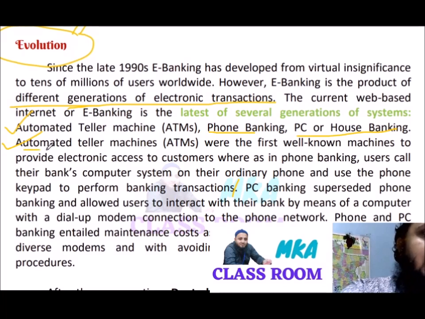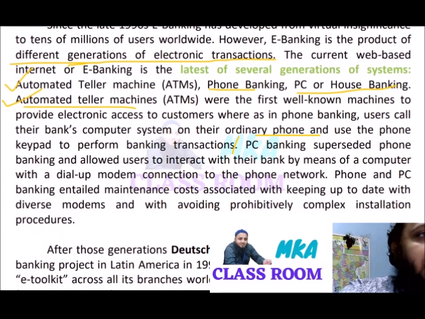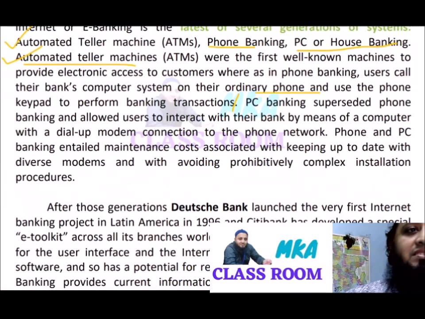So here we see ATM and phone banking, which also use the computer system. PC banking is also like phone banking. Whenever you access it from your PC at home, it is sometimes called home banking.